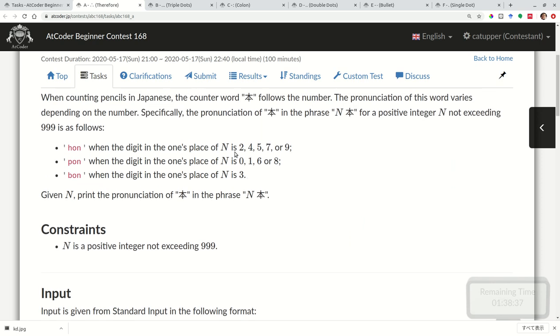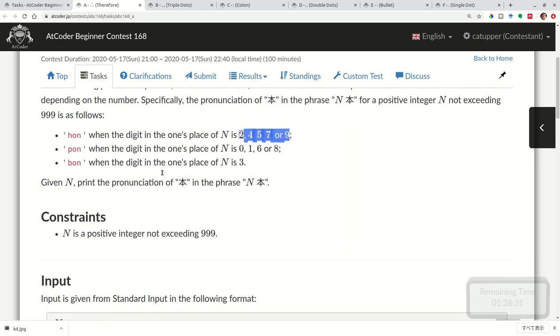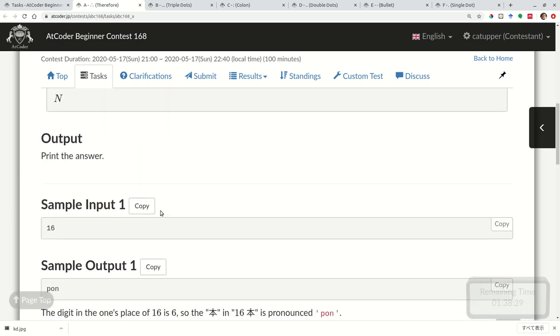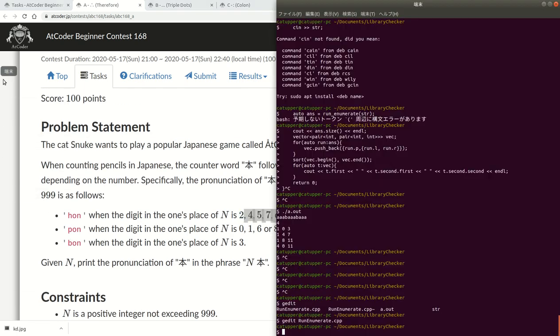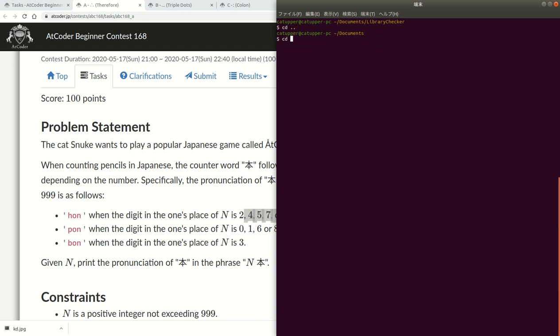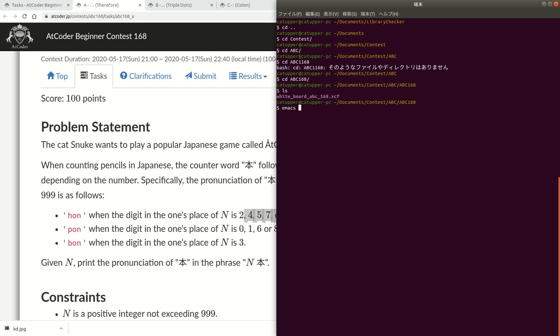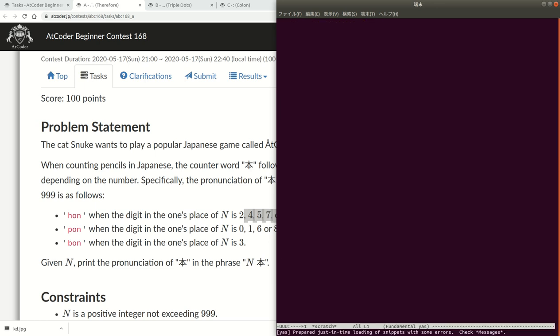Okay, so just check the ones place of the digits and just write the if statement. Let's move to the directory, this was 168, and open A.py and zoom up.